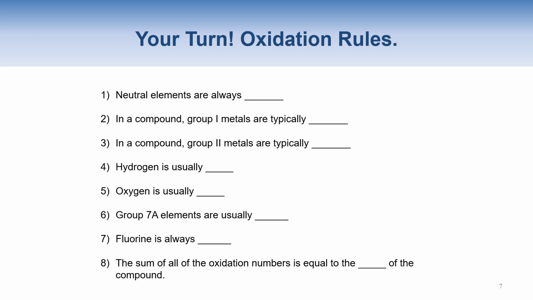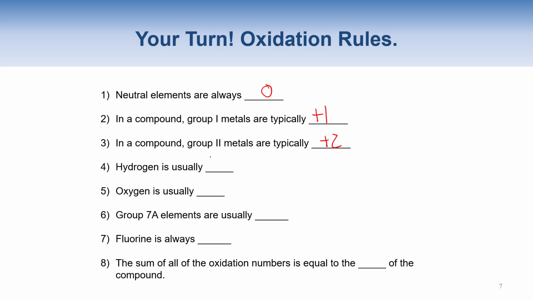Okay, so go ahead and pause the video and fill this in with the oxidation rules. Okay, neutral elements are always 0. In a compound, group 1 metals are typically +1. Group 2 metals are typically +2.